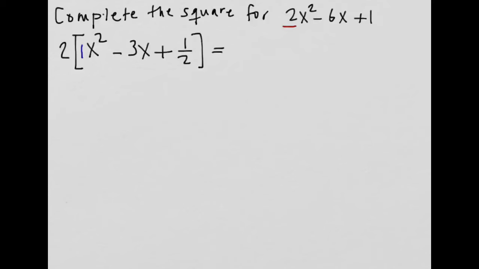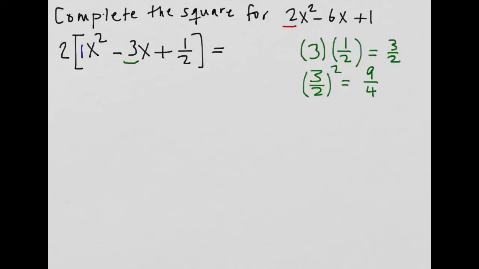Next, we're going to look at the absolute value of the coefficient of x. In other words, we're just going to look at this 3 here. What we do when we complete the square is we take that coefficient, 3, multiply it by 1/2, which gives 3 over 2, and we square the result. We square 3 over 2 to get 9 over 4.